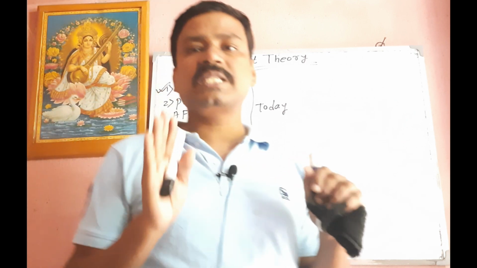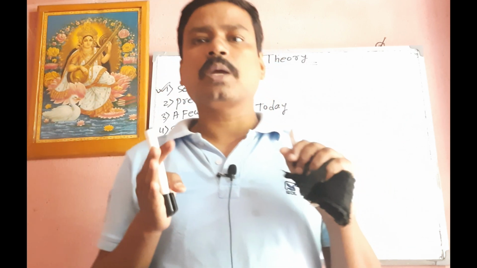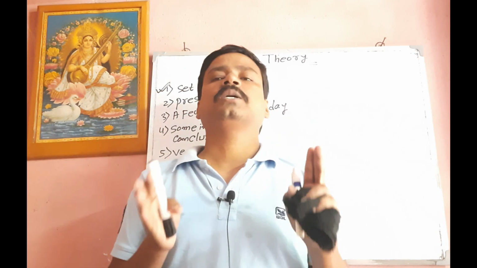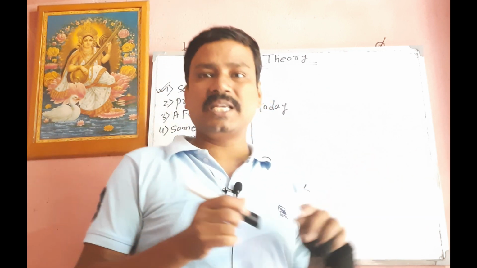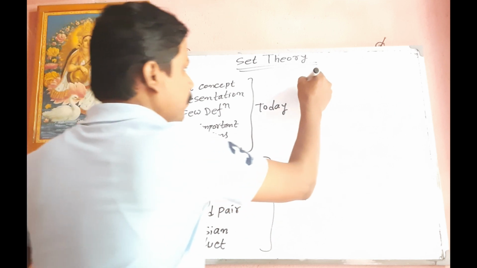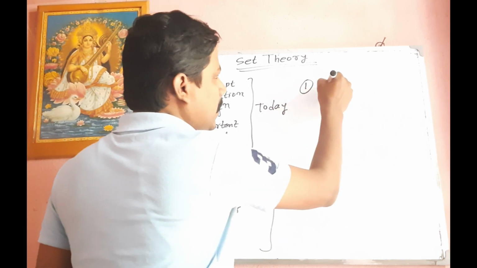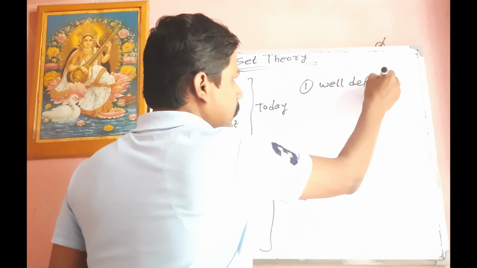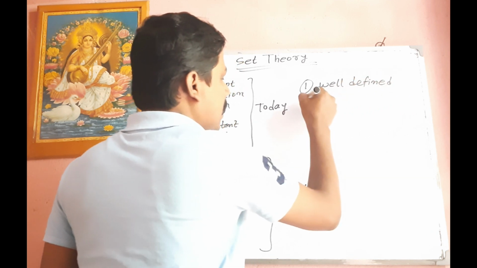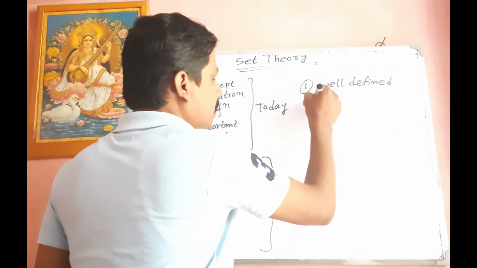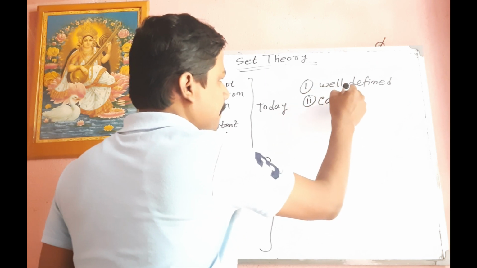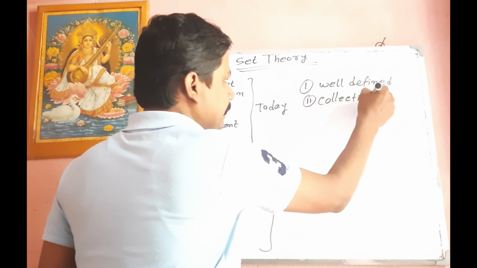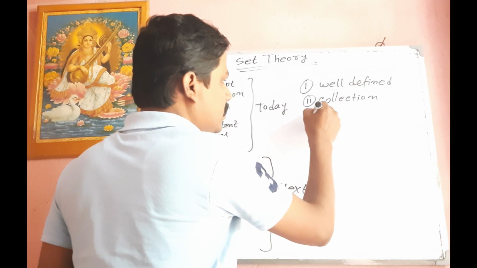What is a set? That is, how can we define the set? The set has 3 properties: well defined, and second is collection, and third is distinct.